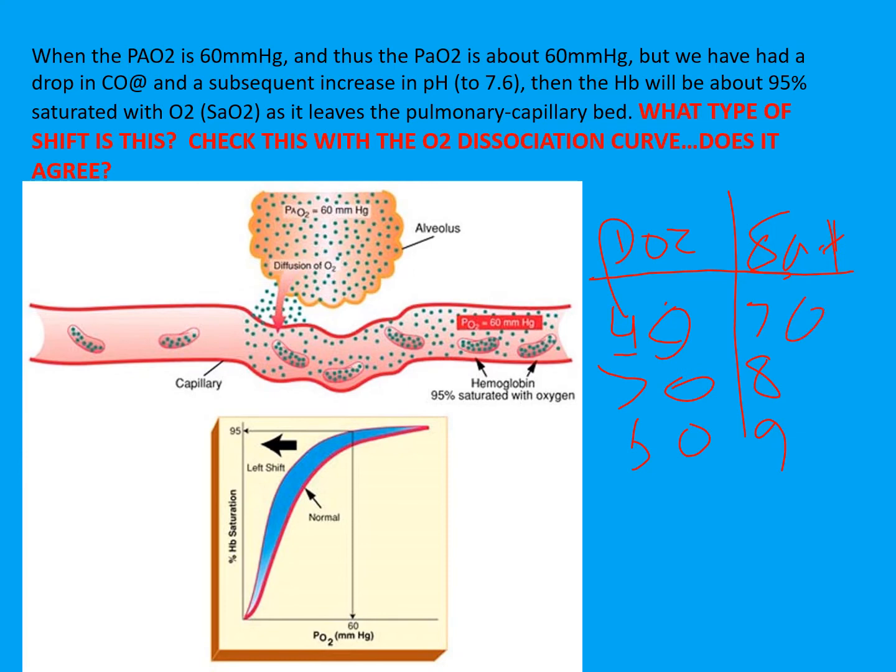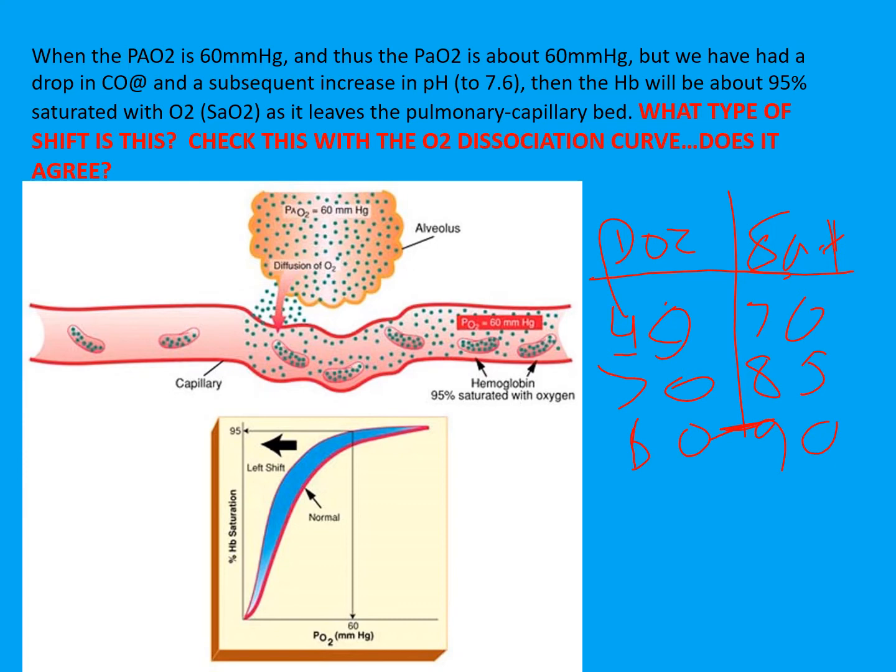All right, so this patient has a PO2 of 60, and then their saturation... PO2 is about 60. And we've had a drop in the cardiac output and an increase of their pH to 7.6. So the hemoglobin is 95%.